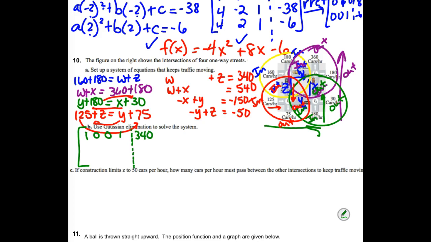Okay, second row would be 1, 1, 0, 0, 540. Third row, 0, negative 1, 1, 0, negative 150. And bottom row, 0, 0, negative 1, 1, negative 50. All right, I'm going to pause the recording. Go ahead and do your RREF.